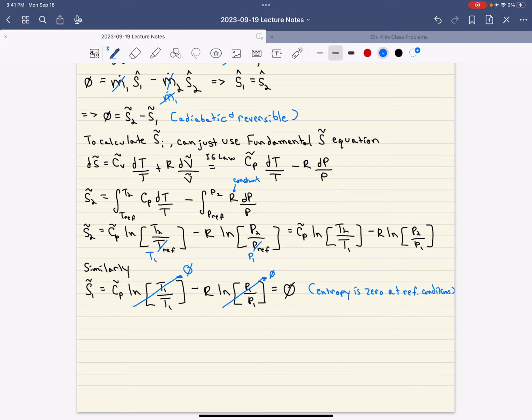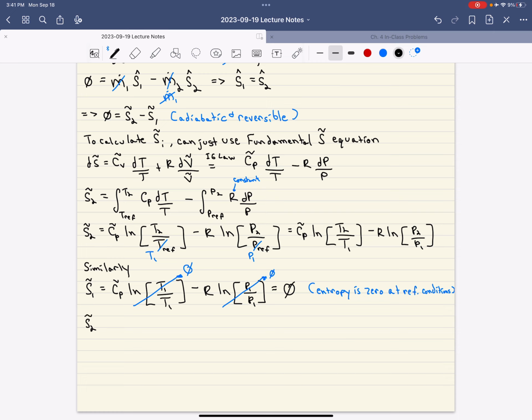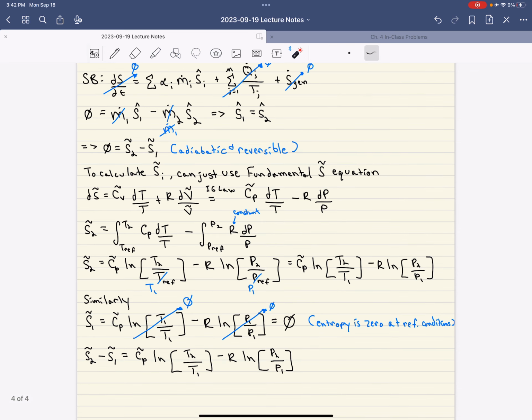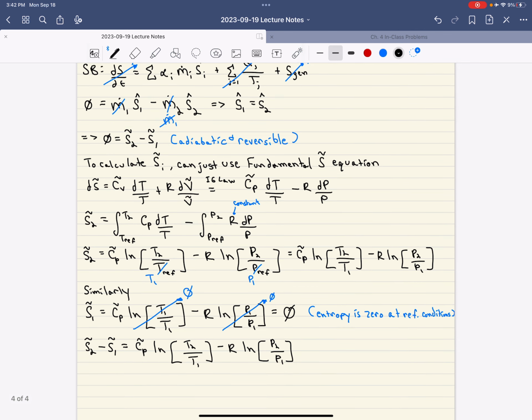All right, in any case, if we take S2 minus S1, we get that it's equal to this. And we know from our entropy balance that S2 minus S1 is exactly equal to 0.